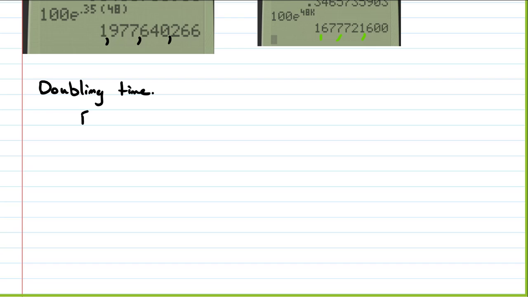Well, if we start with our model, P equals P naught e to the kt, we want t when P is equal to twice our starting amount. So that would be 2 times P naught.